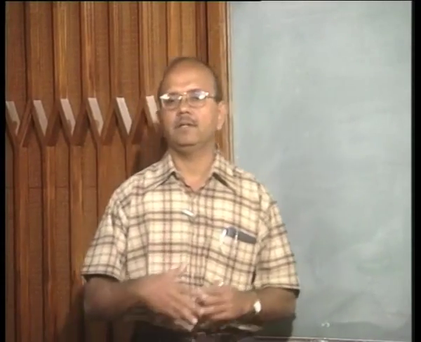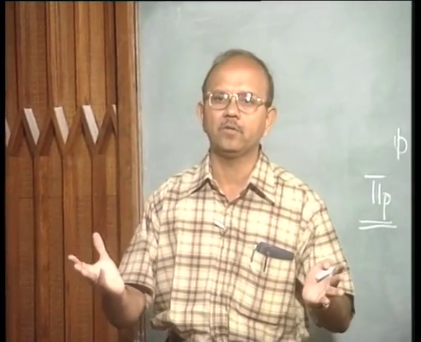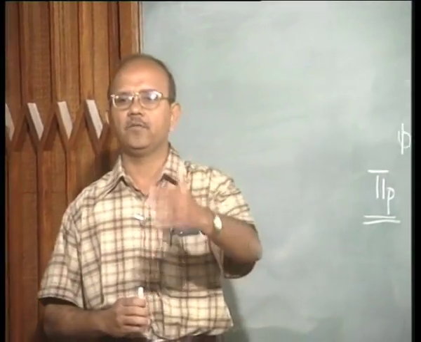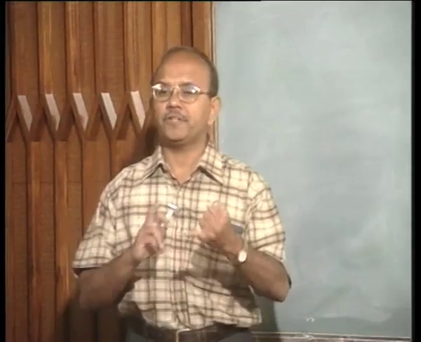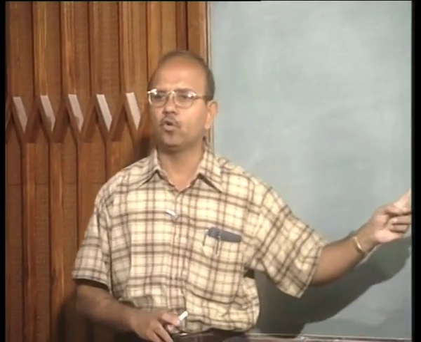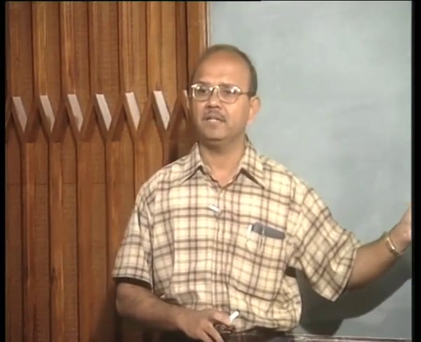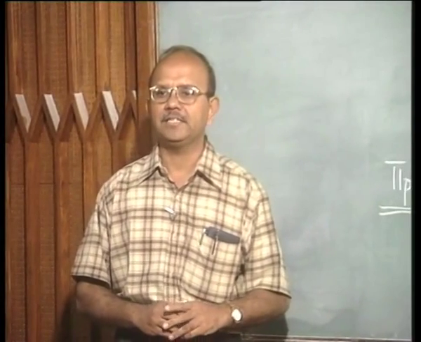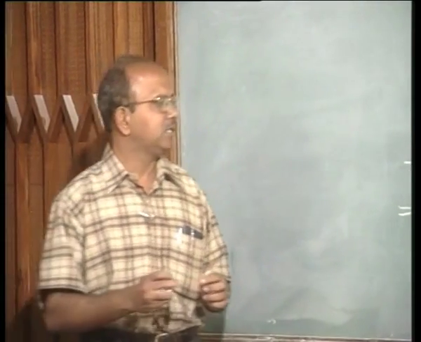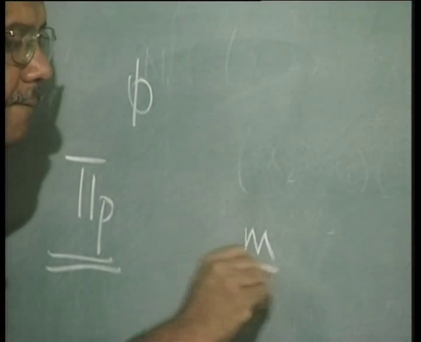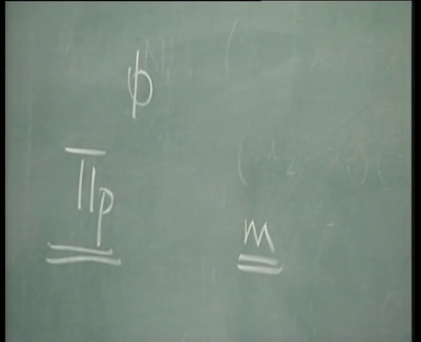There may not be any derivative, which rarely happens. There may be a derivative of the first order, there can be derivative of second order and so on. So, the first thing that we have to do is to go and look at the derivatives that exist in phi p. Let us say that the derivative exists till the order say m.